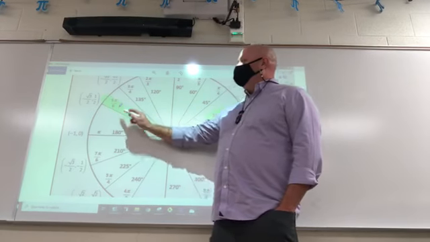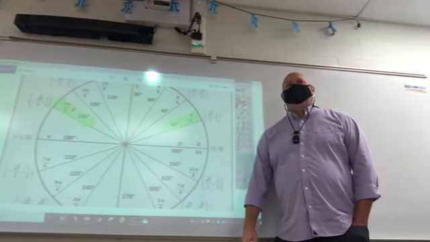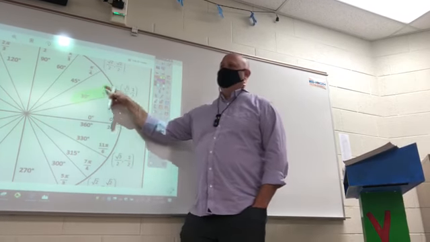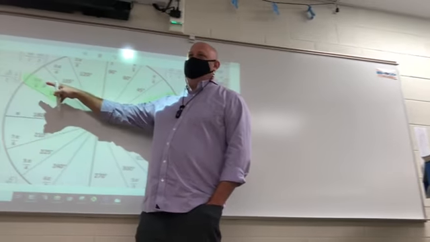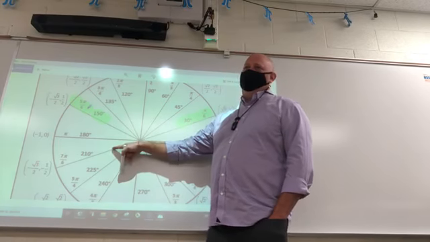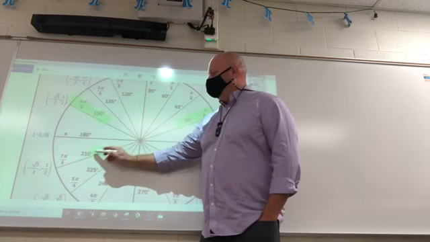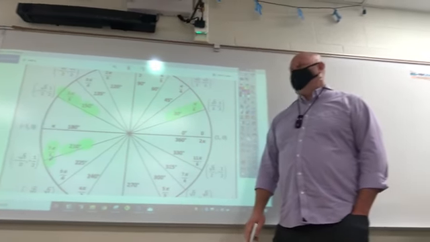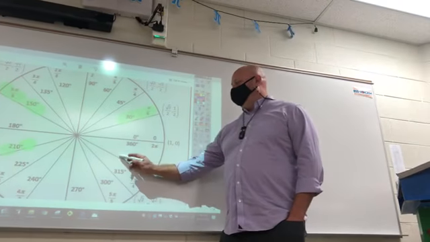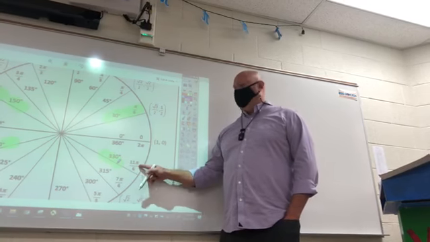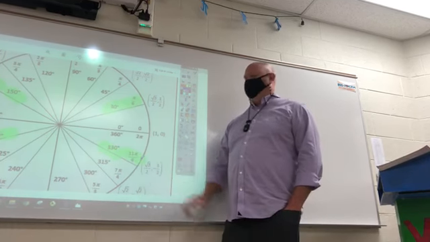What do you notice about the 30-degree reference angle? If this is pi over 6, that's 5 pi over 6. All right. Where's the 30-degree angle down here? 210, so it's 7 pi over 6. 330, that's a 30-degree angle in the fourth quadrant. That's the equivalent of 11 pi over 6.